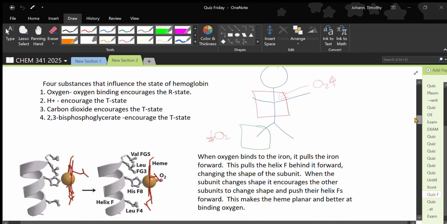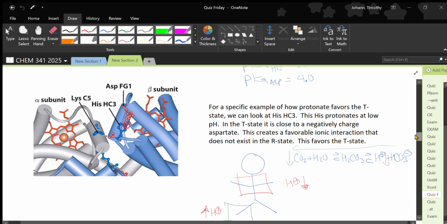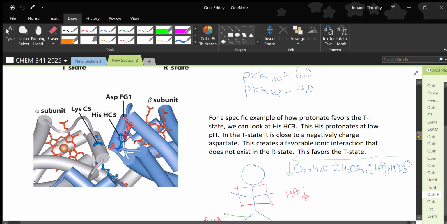All right, so this is our basic picture. We'll come back to oxygen. It's more hand wavy. So this is an example of how protons affect this. How does the acid concentration matter? In your tissues, pH is about 7.2, in your lungs, it's about 7.6, and how can that affect which state we're in?